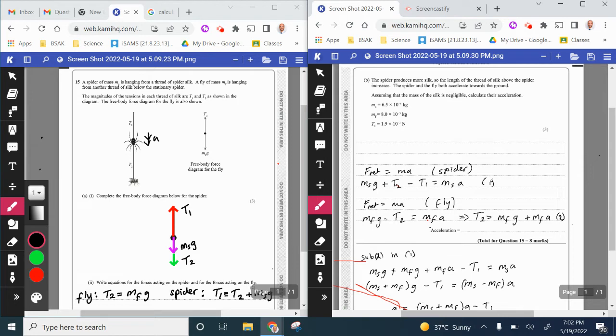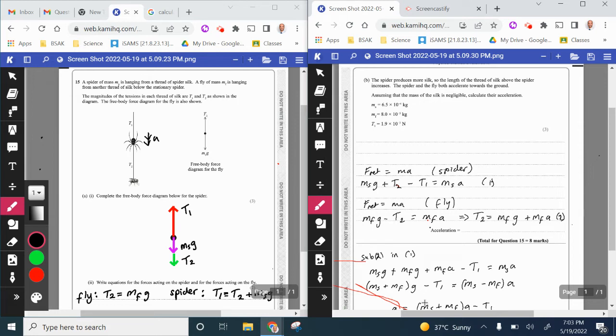Now, if the fly is accelerating downwards with the spider with the same acceleration, we know that the weight mf times g is greater than T2. So mfg minus T2 is the net force, the overall force on the fly, and that equals the mass of the fly, because we are concentrating on the forces on the fly, times the same acceleration. They both move in tandem with each other.